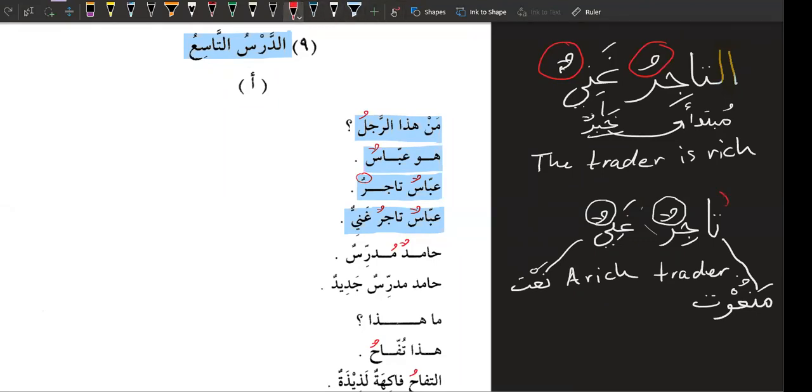So he is the thing that's described. And then nat translates as the description or the characteristic. So the ghaniyun is the description of the trader.